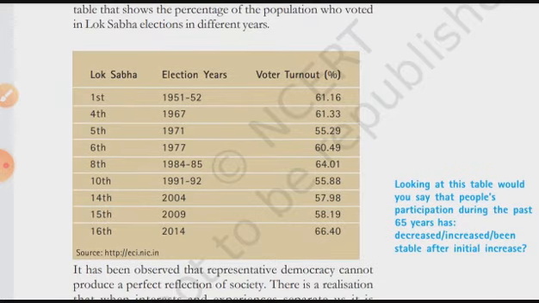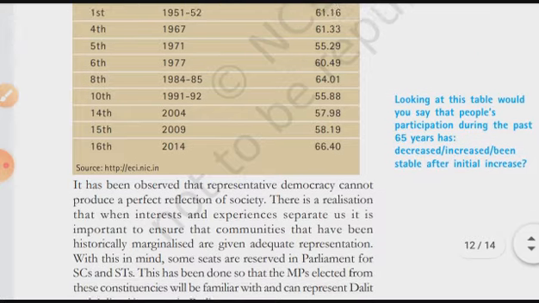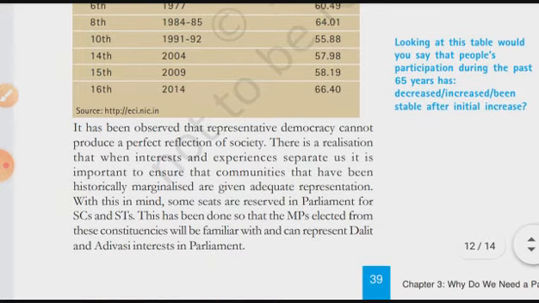Okay, then it has been observed that representative democracy cannot produce a perfect reflection of society, because representative democracy means we elect our representatives and they function for us, and it cannot reflect properly what is going on in the society.